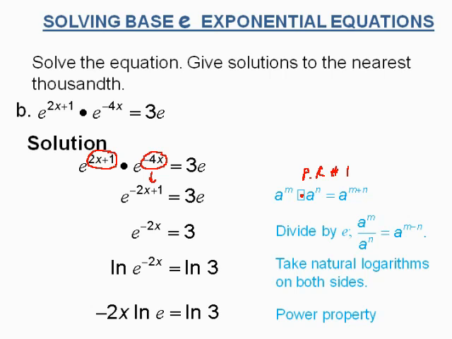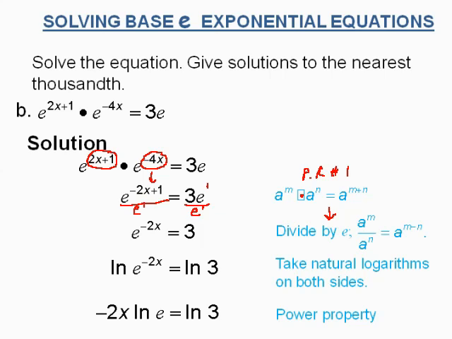Now, what do they do next? It says divide both sides by e. So you're going to subtract the powers here. Let's show this better, and remember, if you're dividing by e, that's e to the first power.